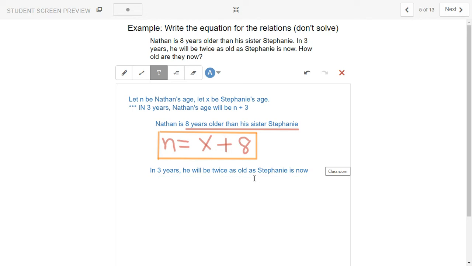Okay, let's break this part up. Now, the verb to be gives us is in present tense or will be in future tense. So we know will be is representing my equal sign. And in 3 years, Nathan is going to be N plus 3.